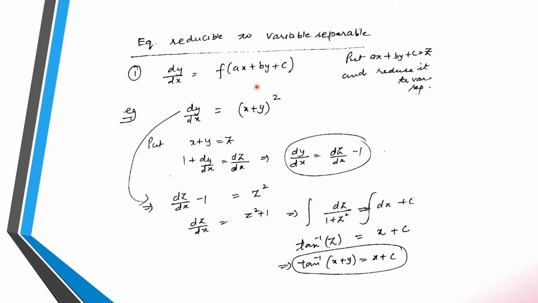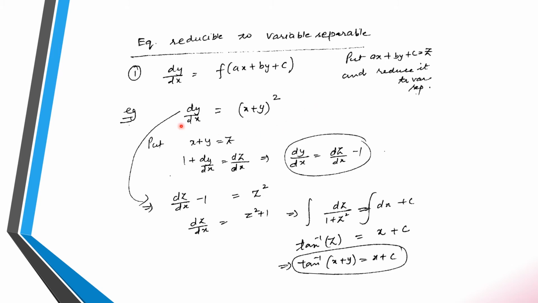Now we have to reduce this equation into variable separable form after substituting some factor. So if you have a function of the form ax plus by plus c, you can put ax plus by plus c to be another variable z and you can reduce this equation into variable separable.